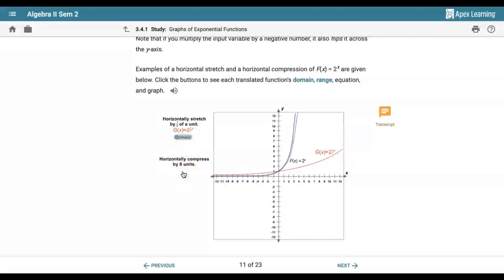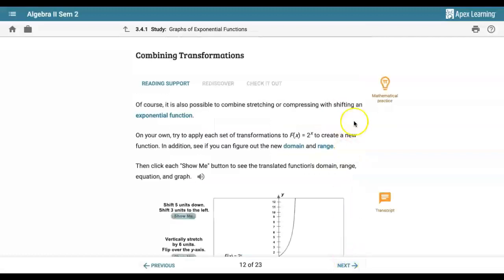Same thing, if we want to horizontally compress by 8 units, we're going to multiply our x exponent by 8. So we're going to have 8x as our exponent there. And again, the domain and range are not going to change for those values, because we're just stretching and compressing what values we already have pre-existing.